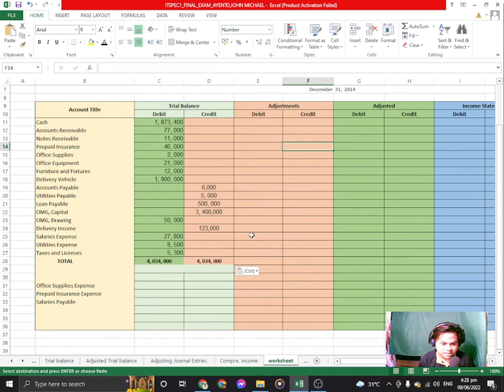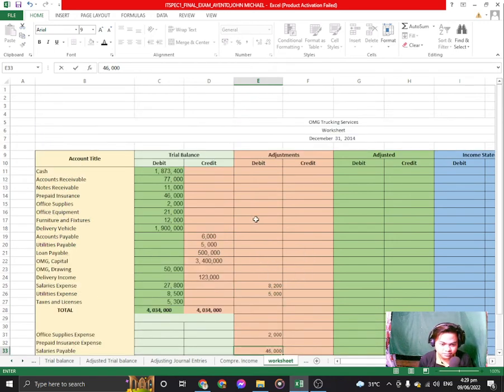Diri sa tong salaries expense natay 8,200 katong kaganina. And then utilities expense na ato nakakuan ta og 5,000. And diri pod sa to ang supplies expense naatay 2,000 pesos. And then sa to ang prepaid insurance naatay 46,000 pesos sa debit. And then for credit.